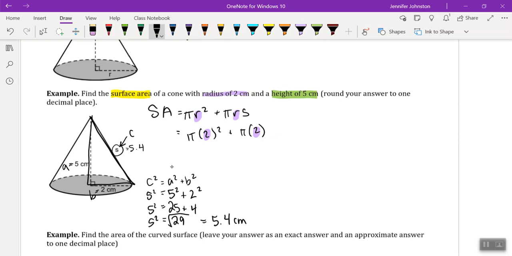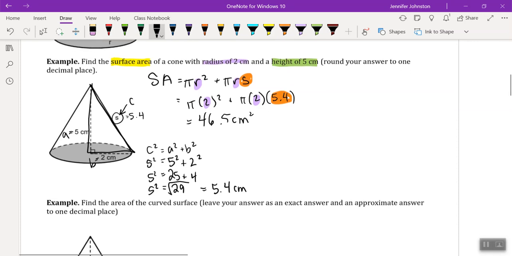That's the longest side, so it should be a little bit longer. So 5.4, great, that is our slant height. Great, let's go put all this together. So if you type this all into your Desmos calculator, you should get 46.5 centimeters squared, right? Because it's surface area.